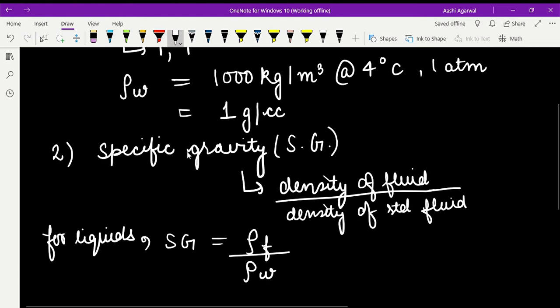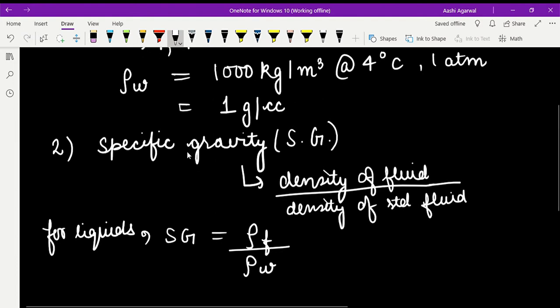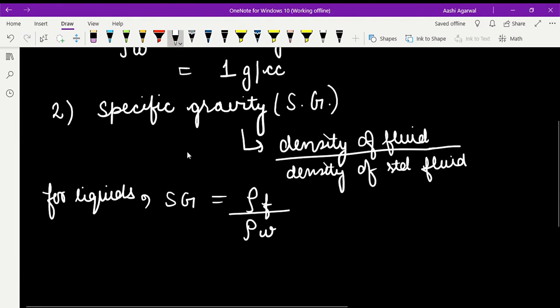And for gases, the density of that fluid divided by the density of air. So specific gravity is a ratio. It will be dimensionless. It is a number basically.